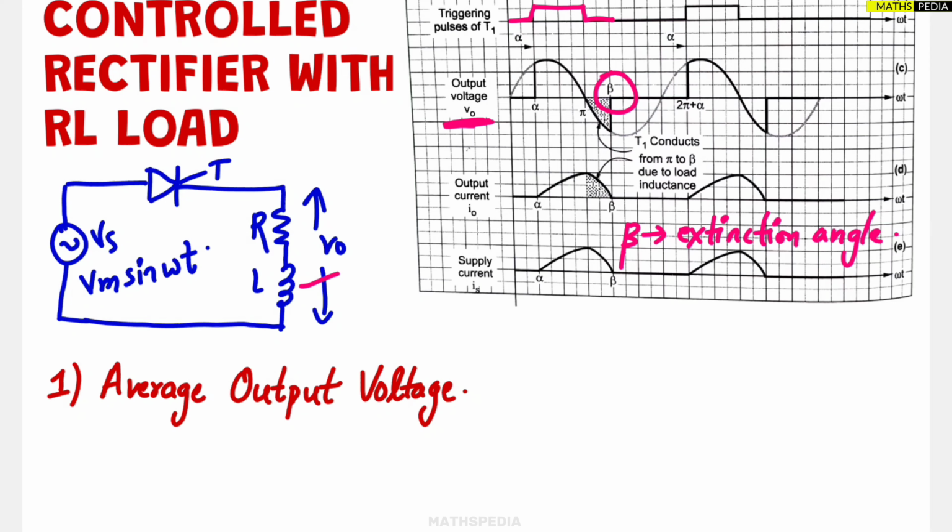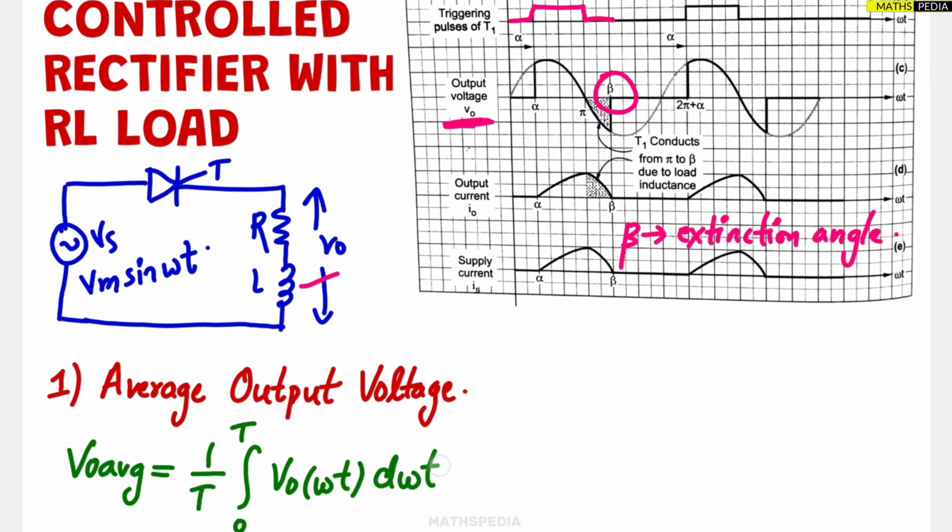So average output voltage, what you have to consider, we'll start with V out average, which is equal to 1 by the time period into integral 0 to T of V out, which is a function of omega t, d omega t. Okay, so let us focus on the time period.